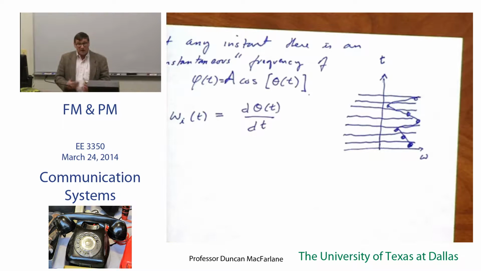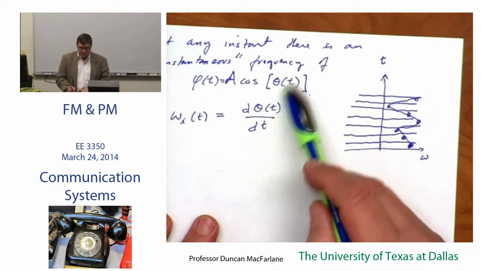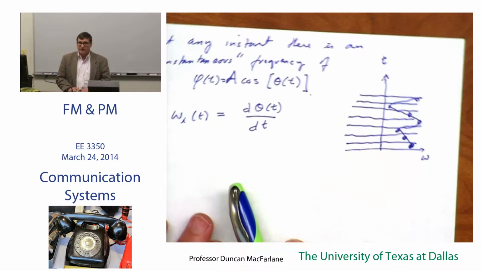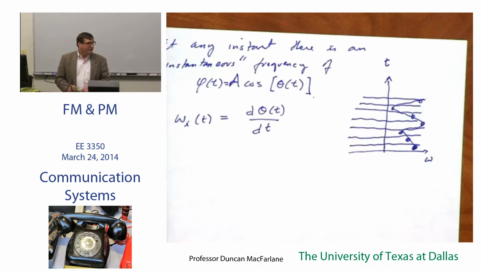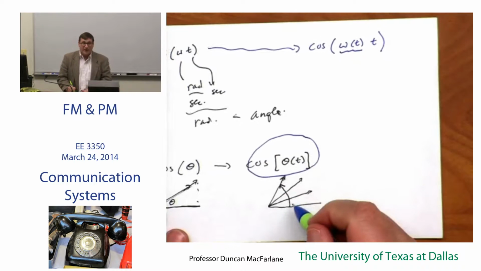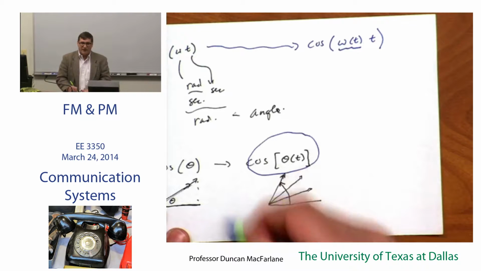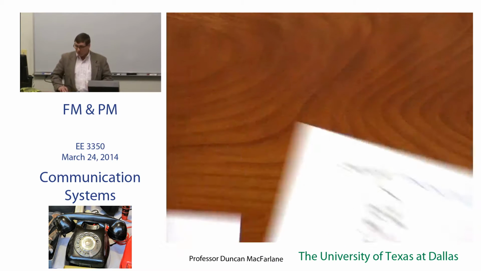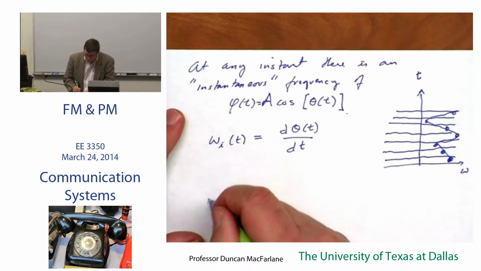Okay. Now, if you buy that the derivative of phase gives me the instantaneous frequency, then you can say that the total phase that you accumulate over time, the total number of radians that this has gone through, in other words, the total angular extent, 2 pi, 4 pi, 6 pi, 17 pi, and so on, the total amount of phase angle that I have at any instant of time is the integral of that.